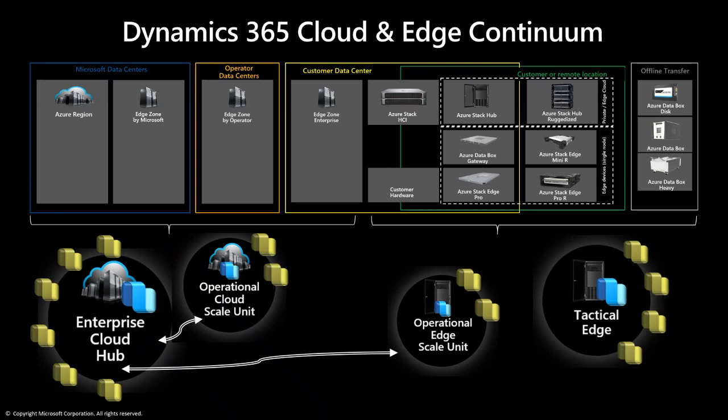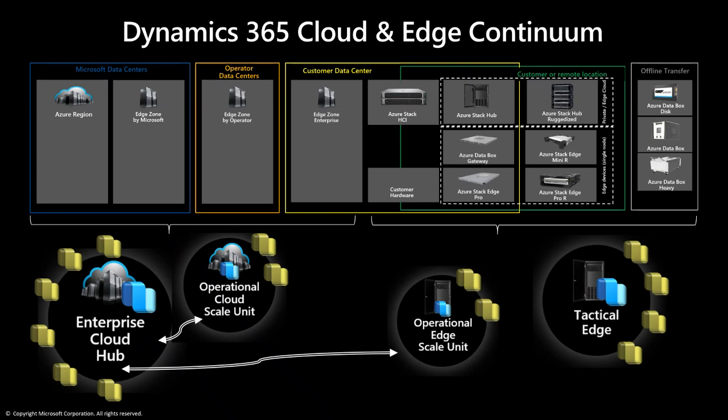If you choose to move forward with any of the edge scale units or the tactical edge scenarios where you're deploying the hardware locally on the customer site, this would be just an example of some of the Microsoft recommended hardware that would need to be installed at those locations in order to support these edge scale units or tactical edge at the customer location.